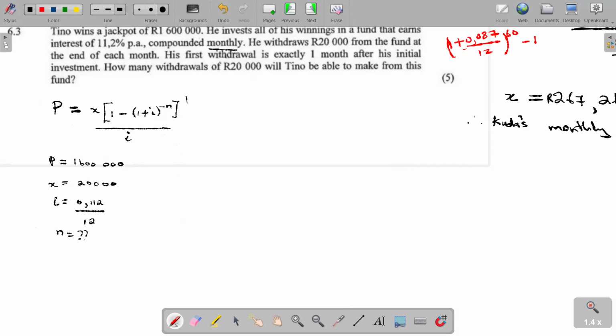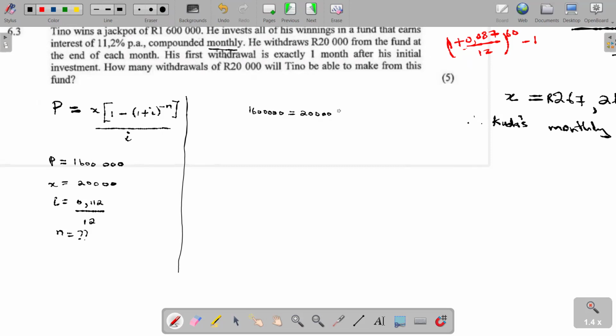So simplifying, let's substitute. So it means we are going to have 1.6 million being equated to X, which is 20,000.